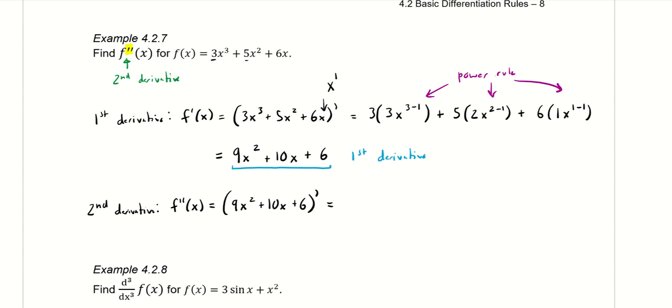So again, power rule, taking that constant out, 9 times power rule for x squared is 2 times x to the 2 minus 1, plus, take that 10 out front, power rule for plain old x is the power 1 times x to the 1 minus 1. And remember, the derivative of a constant just on its own is 0.